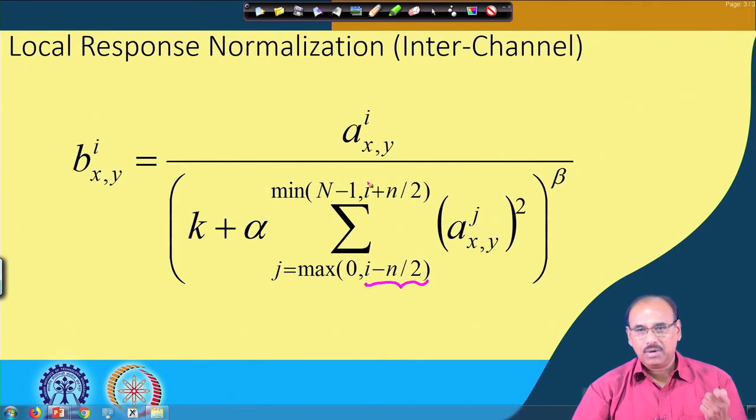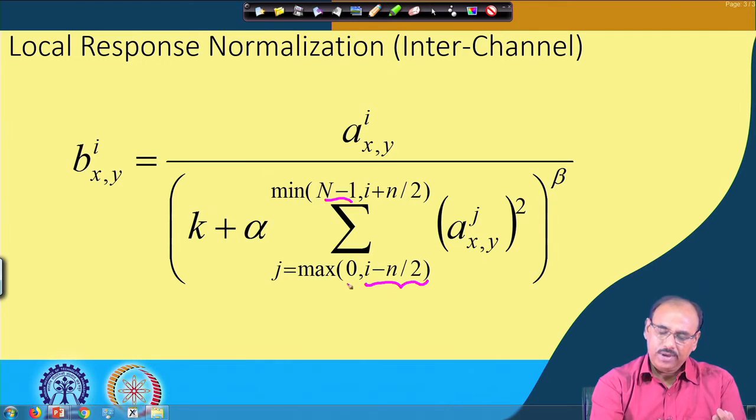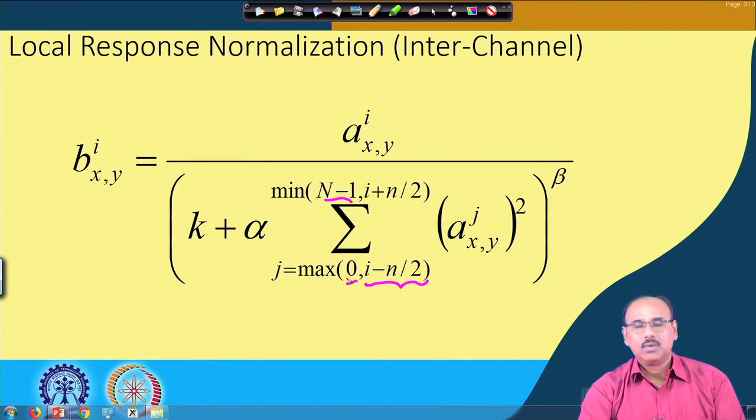That means you take n by 2 channels before and n by 2 channels after. The max and min operations with 0 and n minus 1 as arguments take care of the first feature channel and the last feature channel, if there are a total of n feature channels. So this is your local response normalization, where the normalization is carried over subsequent channels.